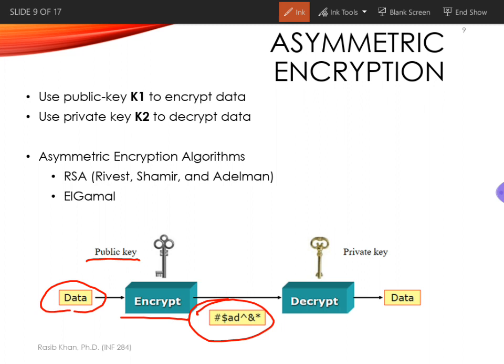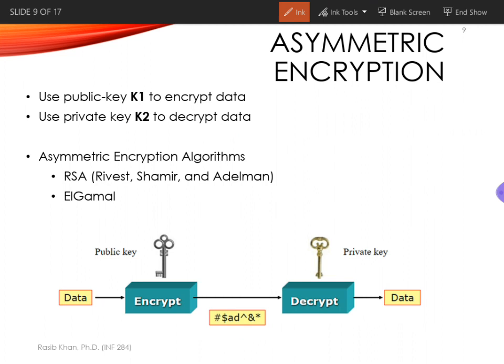Then at the receiver's end, it needs to be decrypted, but now the decryption needs to be done with what we call a private key. When you decrypt with the private key, you will be able to view the data in plain text. So in formal definition, we use a public key, K1, to encrypt the data, and a private key, K2, to decrypt the data.